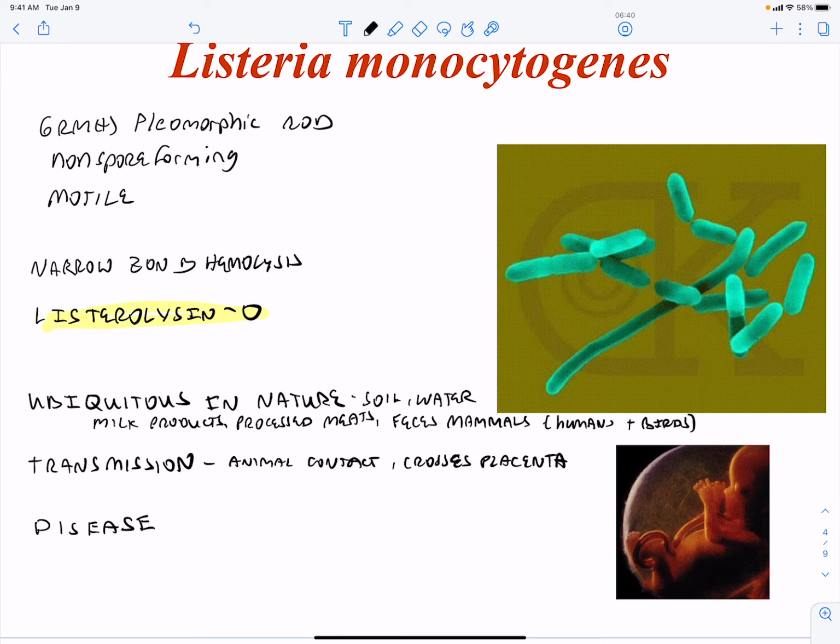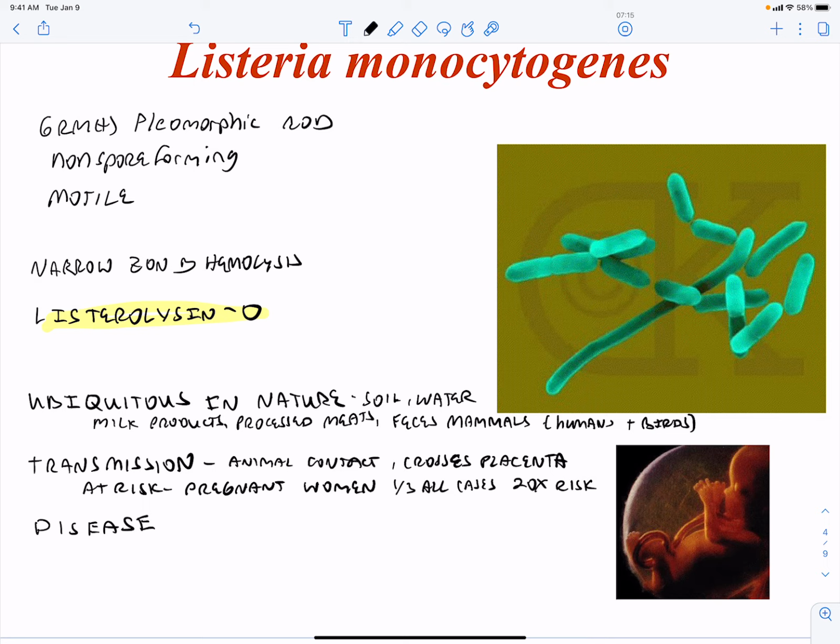So our at-risk populations are going to be pregnant women, so these are going to be about 1/3 of all cases. They have about a 20 times increase in risk for getting a severe illness. In healthy people, they rarely develop severe illnesses with Listeria.